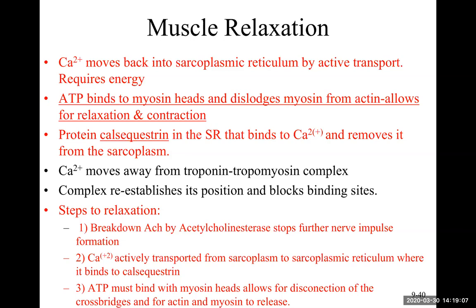Calsequestrin is calcium removal. It's a protein that binds to all the calcium, so then you have very little of it in the cytoplasm or the sarcoplasm. So at rest, all the calcium is bound to this protein found in the sarcoplasmic reticulum.